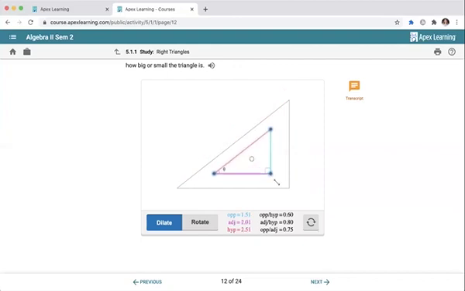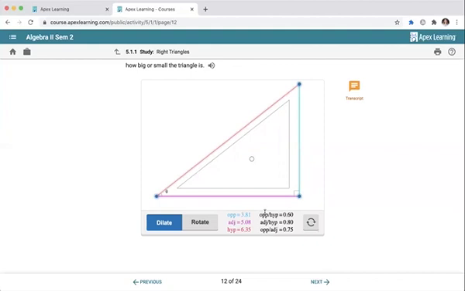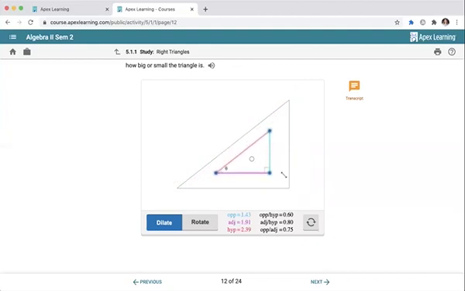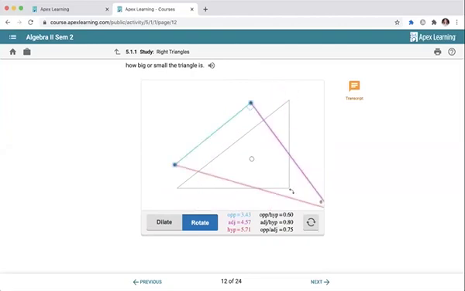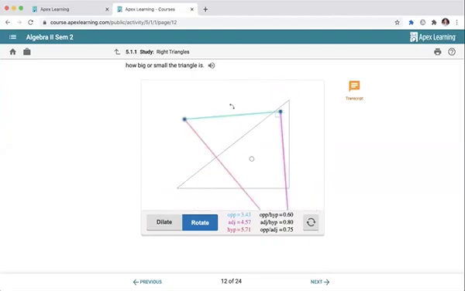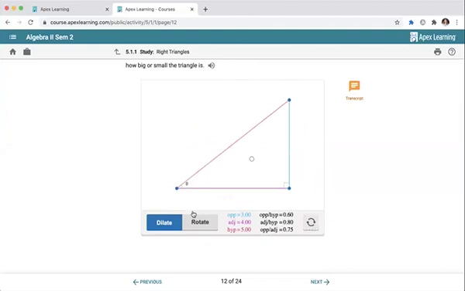But our ratios between our opposite over hypotenuse, adjacent over hypotenuse, those are not changing. And that's the beauty of this. Even if we rotate it here, it's not changing the values.